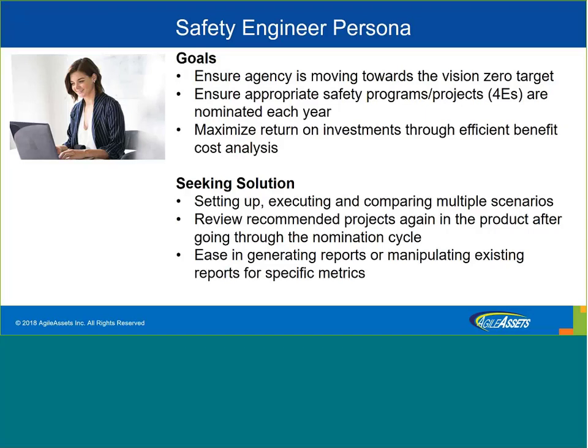When we consider programs and projects, we consider the 4Es: engineering treatment, education, enforcement, and emergency response. These 4Es are considered as the safety projects and programs. So one of the goals of this persona is to ensure that we have the appropriate safety programs embedded in our solution. Finally, she needs to make sure that she gets the maximum return on the investment through the efficient benefit cost analysis.